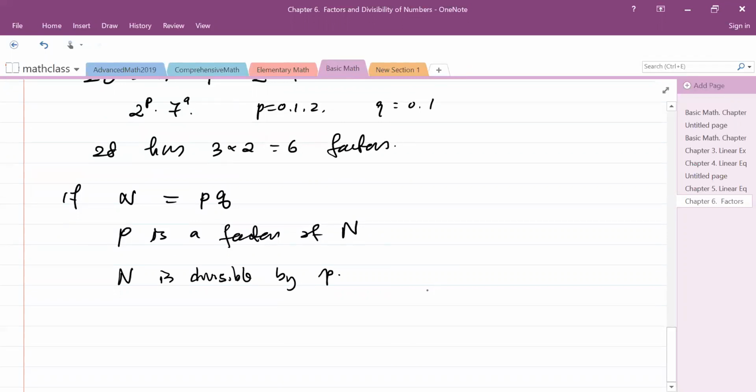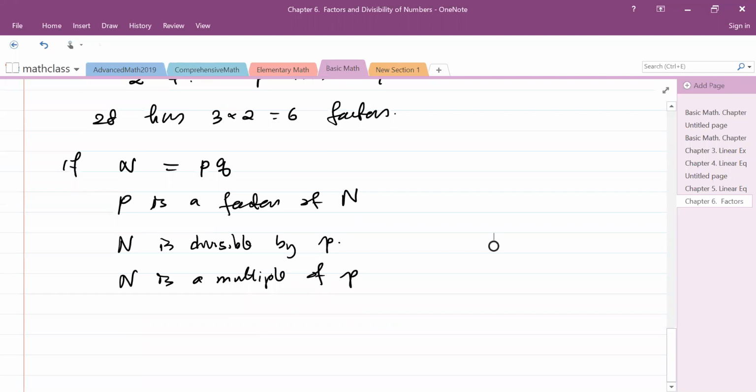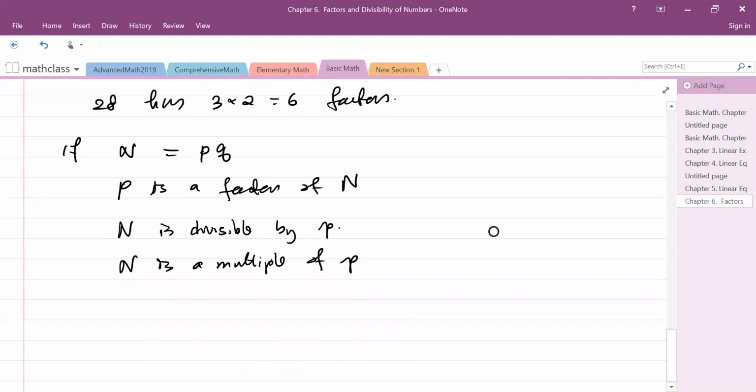And we can also say that N is a multiple of P. A multiple of P means N is P times some other integer. So there are several ways to talk about this. And we can say Q is the quotient. We can also say P is also the quotient when divided by Q.